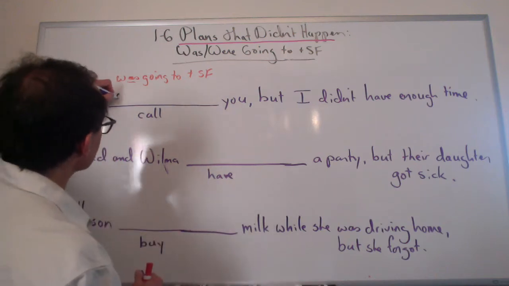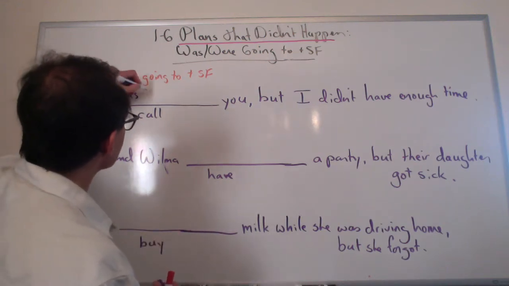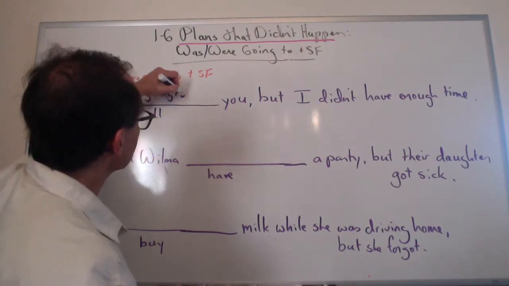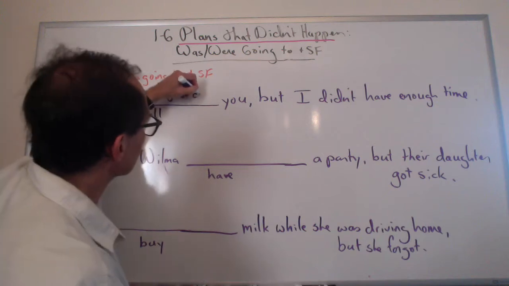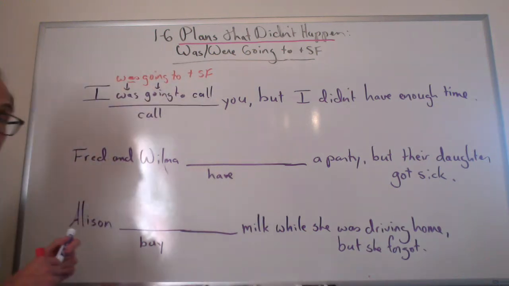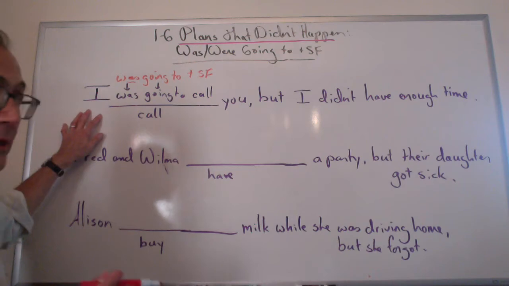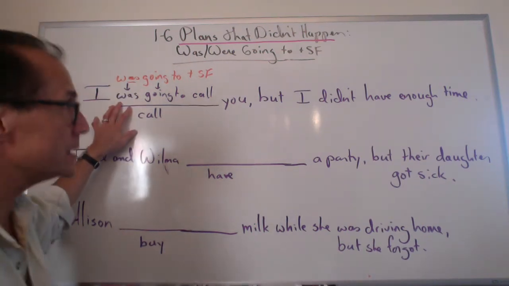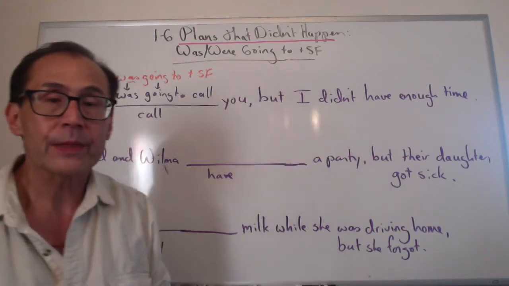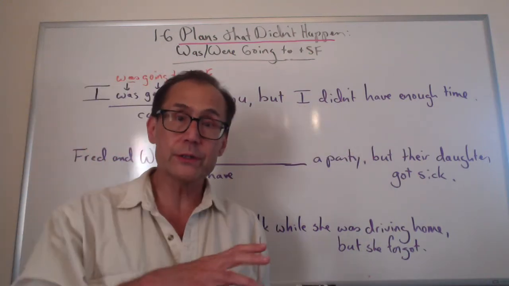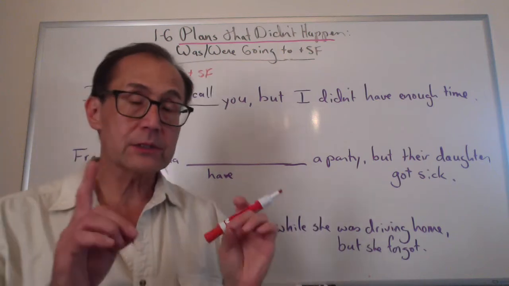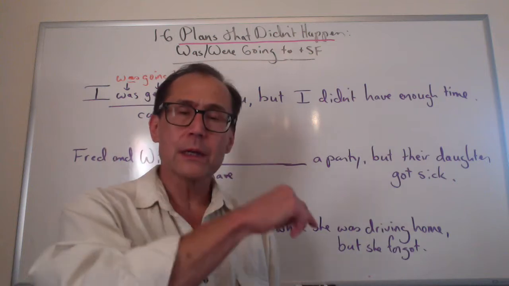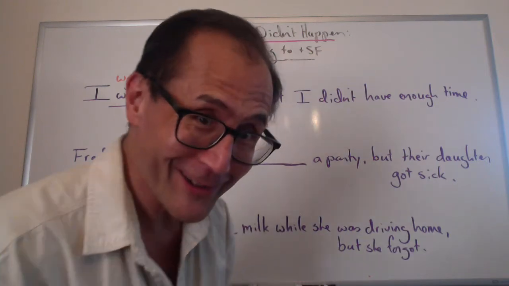I was going to call you, so here I have was, going to, and then simple form of call is call. I was going to call you, but I didn't have enough time. When an English speaker hears that, the English speaker knows, oh, this was a plan in the past, but it didn't happen. So again, was and were going to, one of the meanings is to show this was a plan, it didn't happen. There are other meanings. I may talk a little bit about those later, okay?